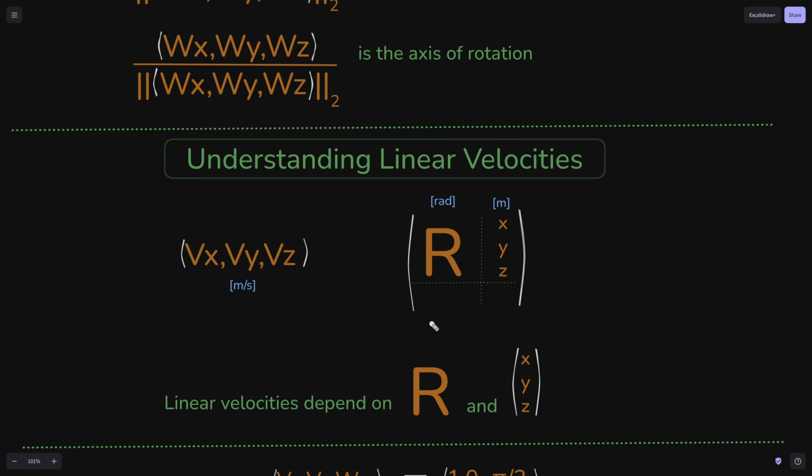If you translate the base of the robotic arm, you can translate the position of the end effector, but not the angle. The orientation of the end effector, you will not be able to change it.